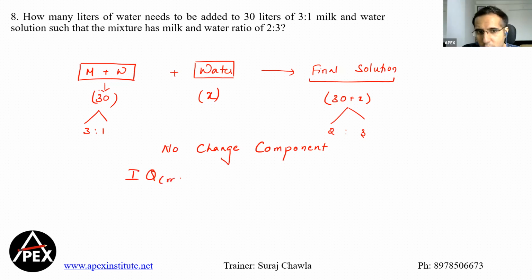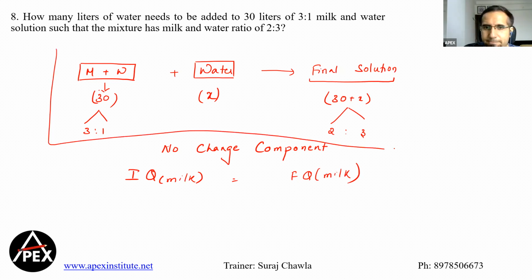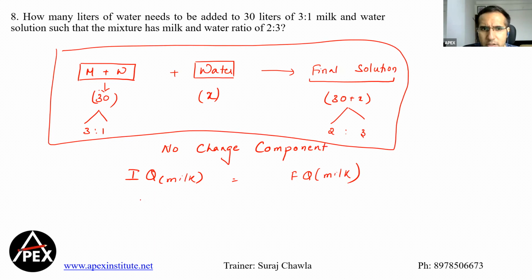The initial quantity of milk should be equal to the final quantity of milk. All this I do in my head. I just write one short line: 3 by 4 of 30 is equal to 2 by 5 of 30 plus x. If only this part is on your notes, you save a lot of time.